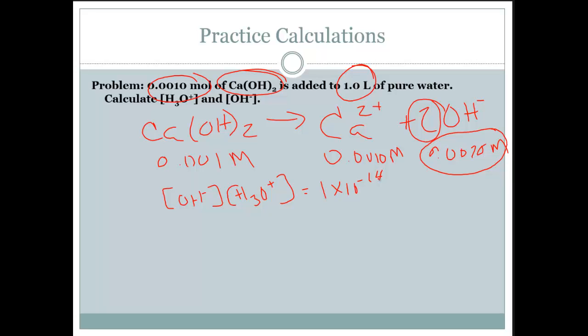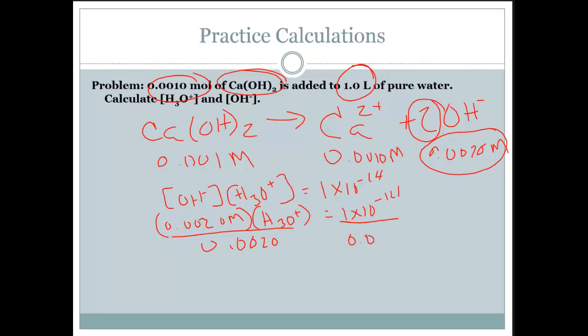We're going to plug the 0.002 into the OH minus, and then we're going to divide both sides by 0.002, to have that come out to be 5 times 10 to the negative 12.